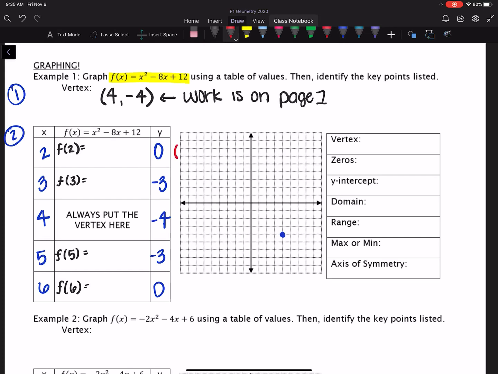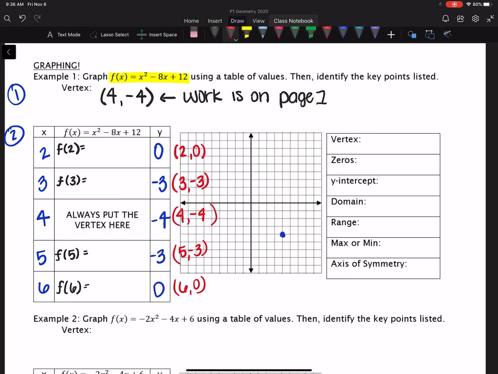I know that I can plot these as actual ordered pairs on my coordinate grid. In red, I wrote those ordered pairs out.